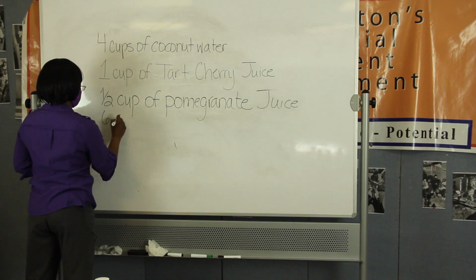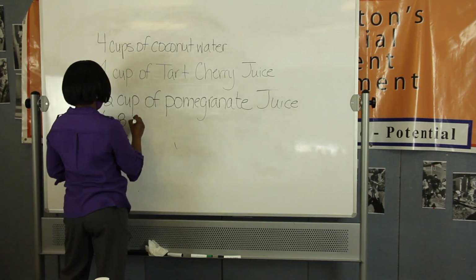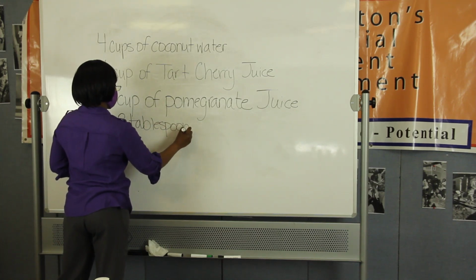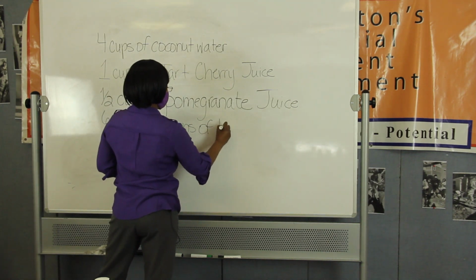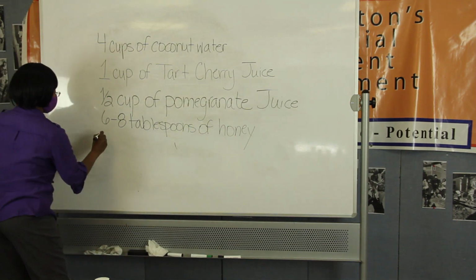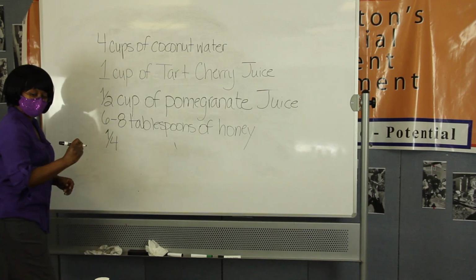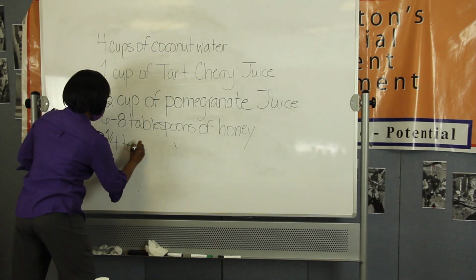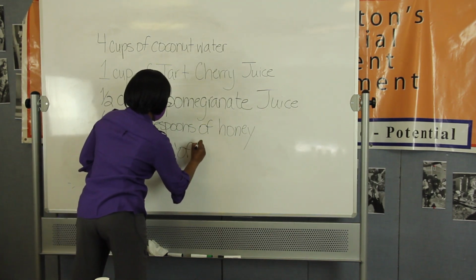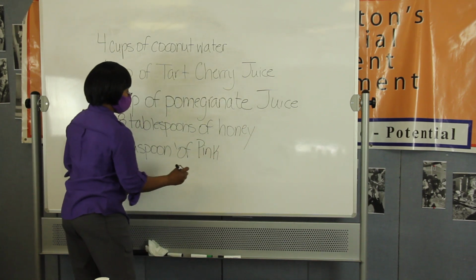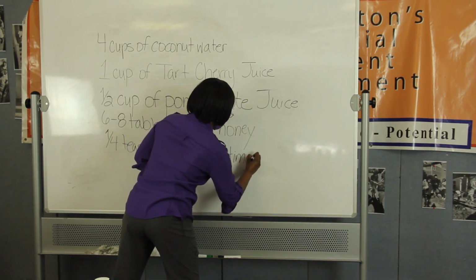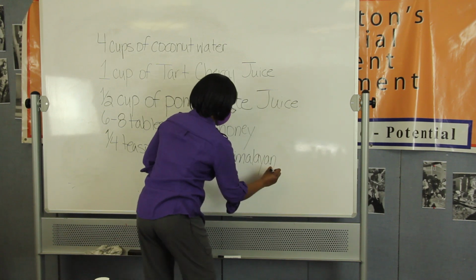And 6 to 8, I think it's tablespoons of, I like to use honey rather than sugar or some other type of sweetener, and 1/4 teaspoon of pink, I'm writing it capital because it's a specific type of salt, Himalayan. I want you to remember that it's a different type of salt.